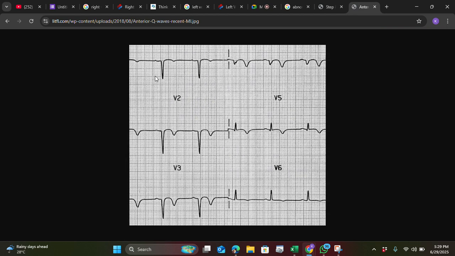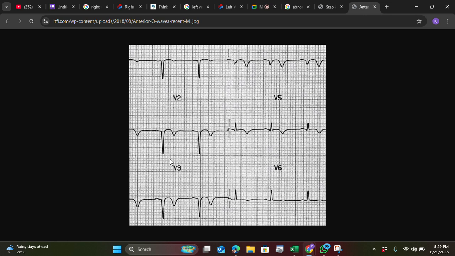So this is actually your first negative deflection, like I told you before. It is your Q wave. Looking at this place, we have a small P wave here, and then our first negative deflection is our Q wave, and you can see the depth.